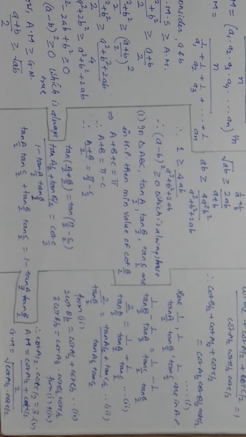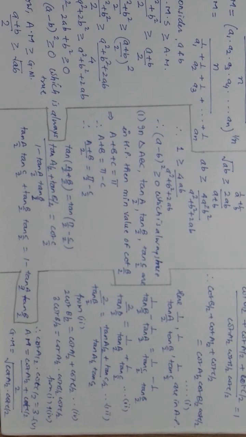I am not writing that. I would just recapitulate once again what I said. I got the arithmetic mean as cot A by 2 plus cot C by 2 divided by 2 of two numbers cot A by 2 and cot C by 2. But actually from the fourth statement, cot A by 2 plus cot C by 2 upon 2 is your cot B by 2, means the arithmetic mean is cot B by 2 and the geometric mean is under root cot A by 2 into cot C by 2, which is having value root 3.